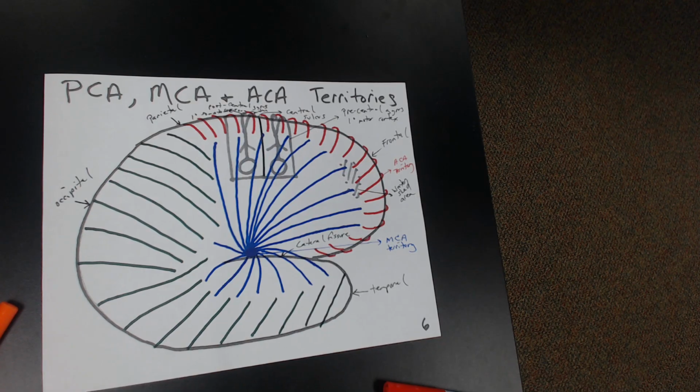If it were the same side, you know the word? Ipsilateral. What you need to remember for now, and we'll talk about this later, is that if it's a cortical stroke, if the stroke has affected anything in the cortex of the brain, symptoms will present contralaterally.